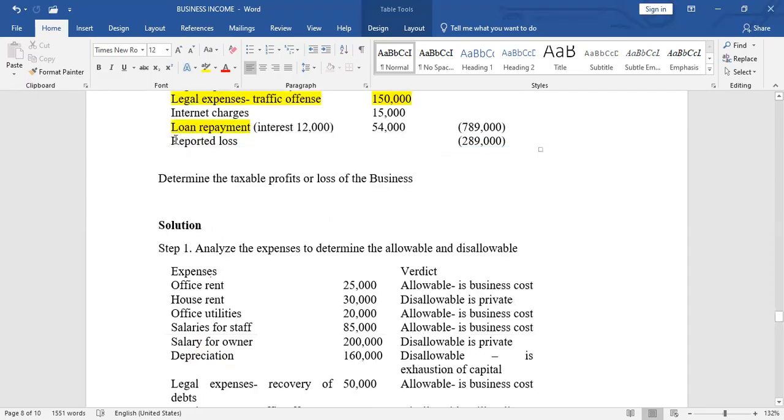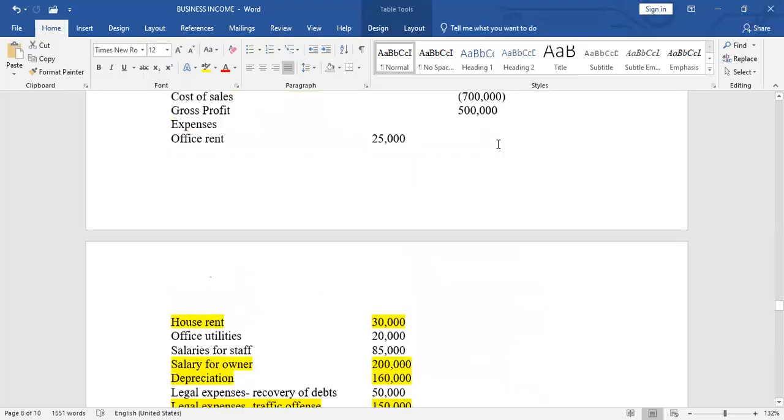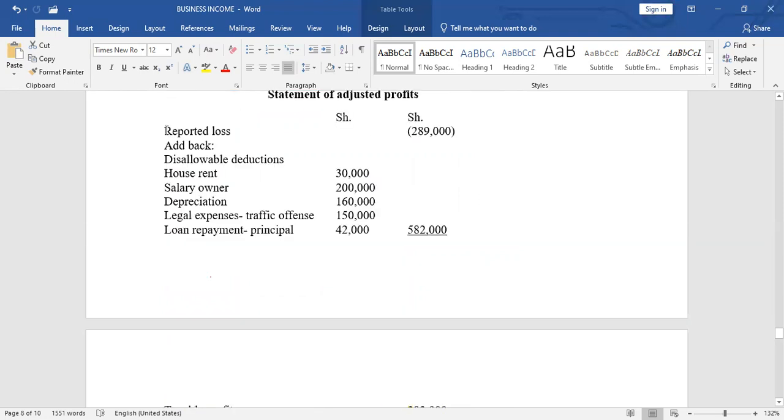Now, see the expenses that we have said are not allowable. We start with this loss, the reported loss, otherwise it would have been a profit. See the tax computation. Reported loss. And then we add back these disallowable expenses.